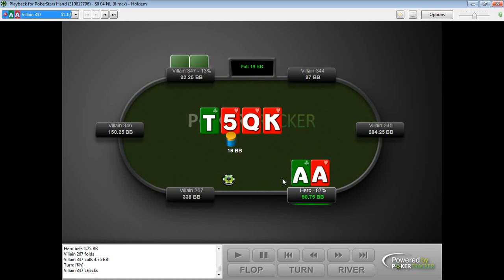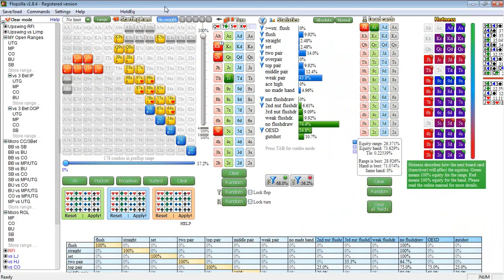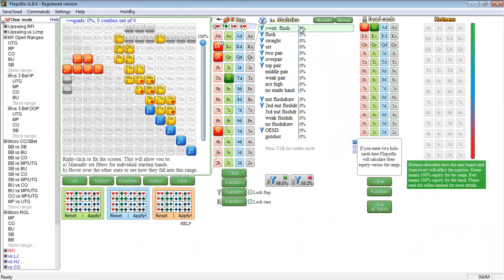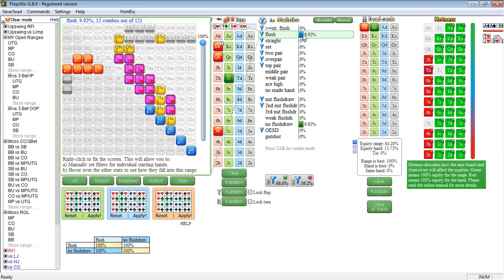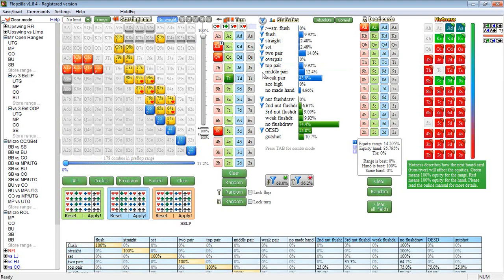So for that purpose, I think actually we can say that he would check his entire range here. So we can keep really everything in here. We'll just make it 100%.